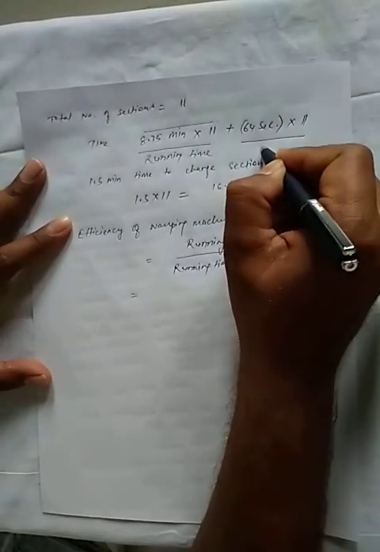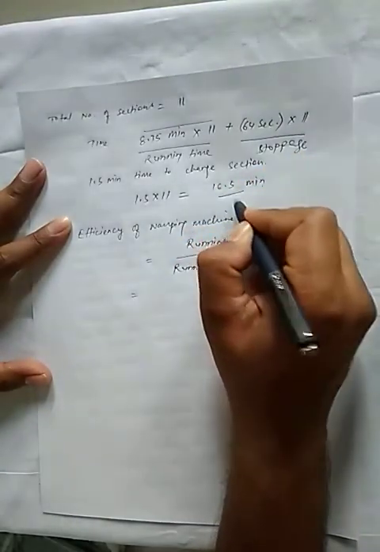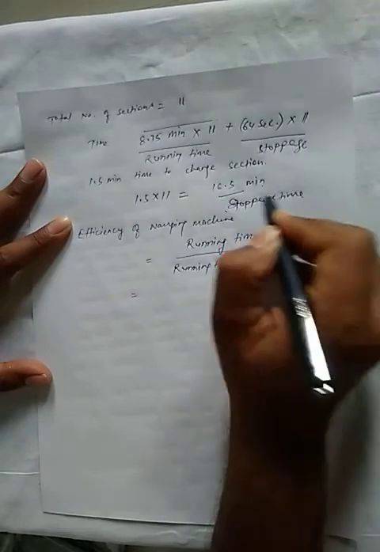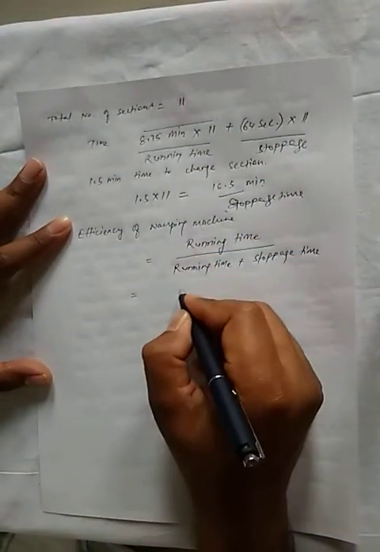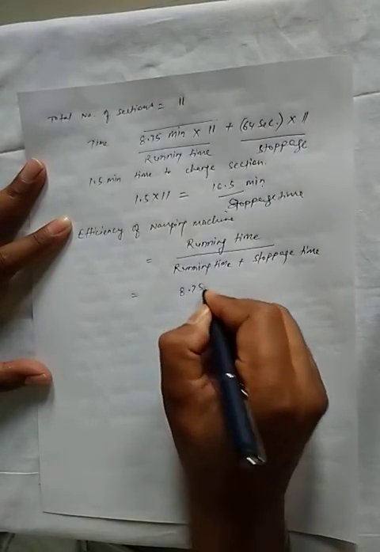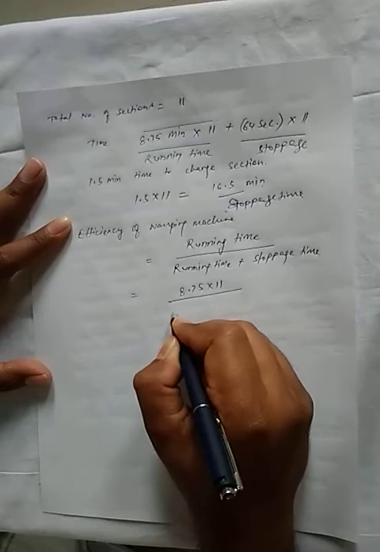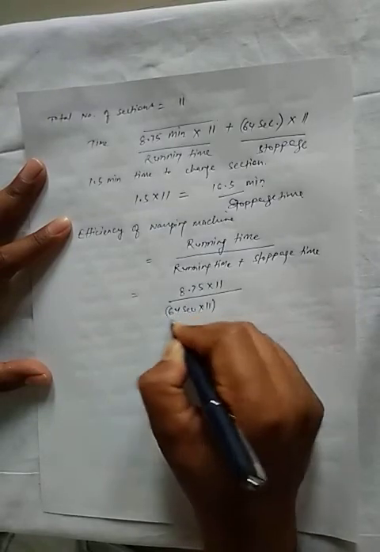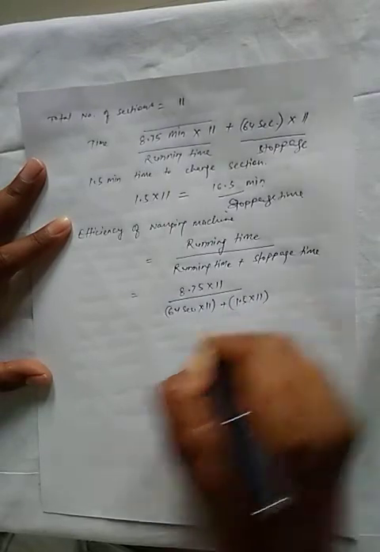This is our stoppage time, and this is also stoppage time. So 8.75 multiplied by 11 divided by 64 seconds multiplied by 11 plus 1.5 multiplied by 11.